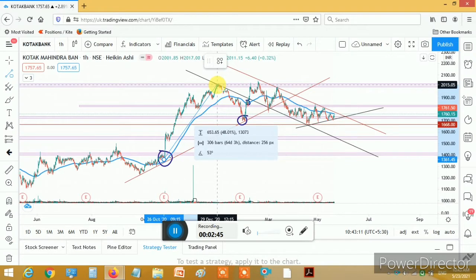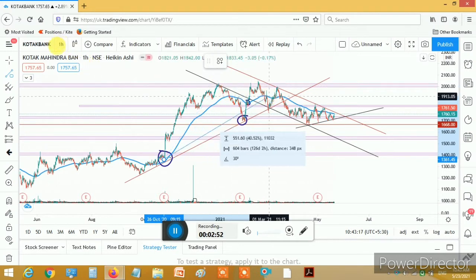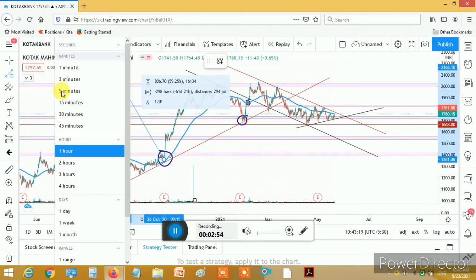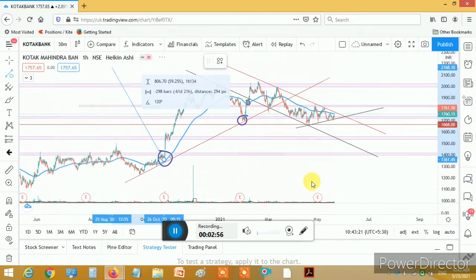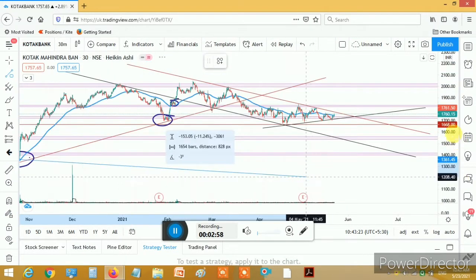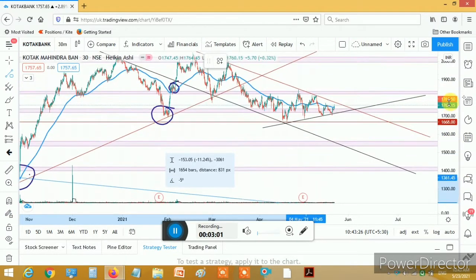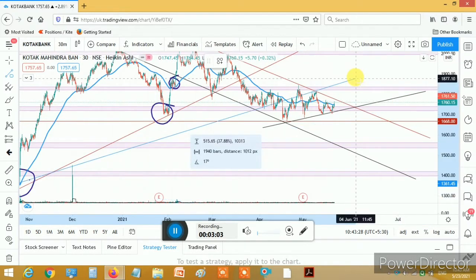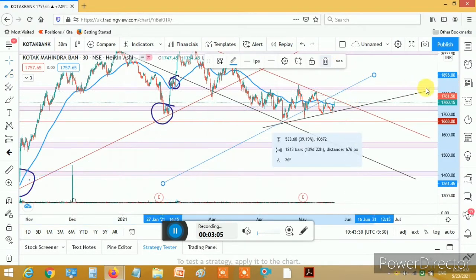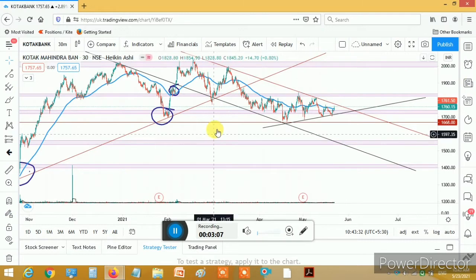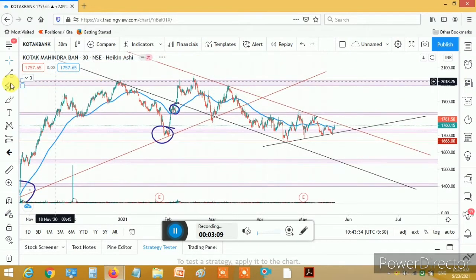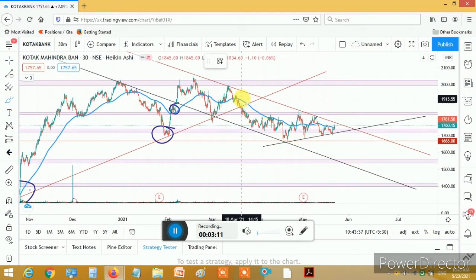So if you use the dynamic support on the 200 EMA, it will definitely be very useful. Also, you can see if you use the lower time frame, that is the 30-minute time frame, and apply it for swing trading, how beautifully it works. Over here it is a shorting position.